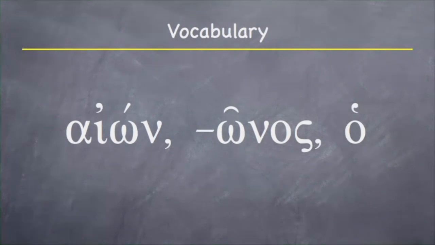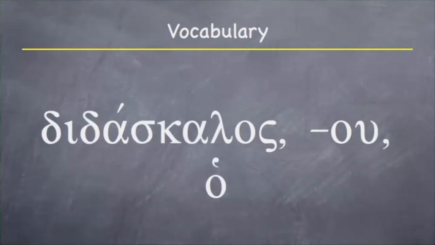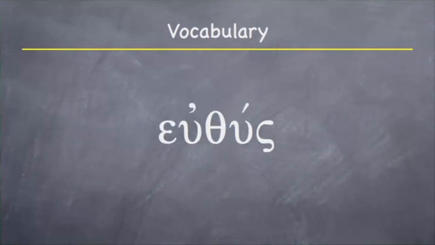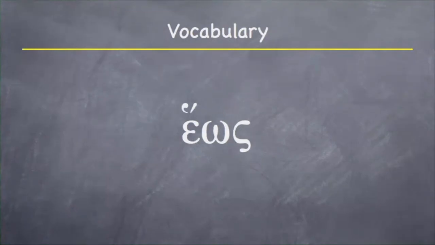Aion, aionos, ho: age, eternity. Didaskalos, didaskalou, ho: teacher. Euthus: immediately. Heos: as a conjunction, until; as a preposition with the genitive, as far as.